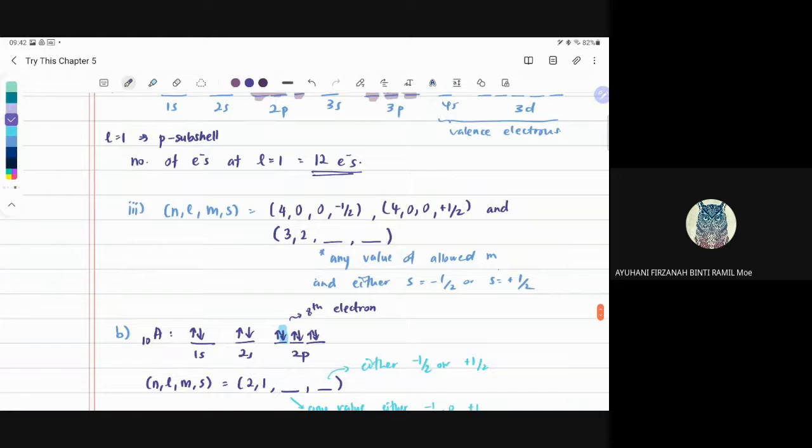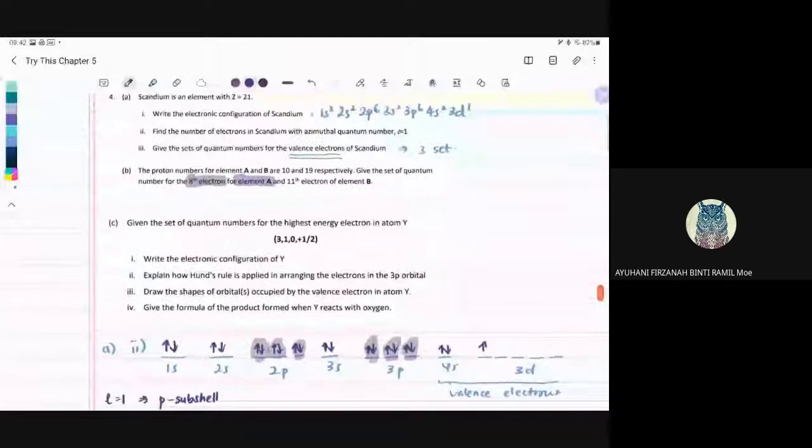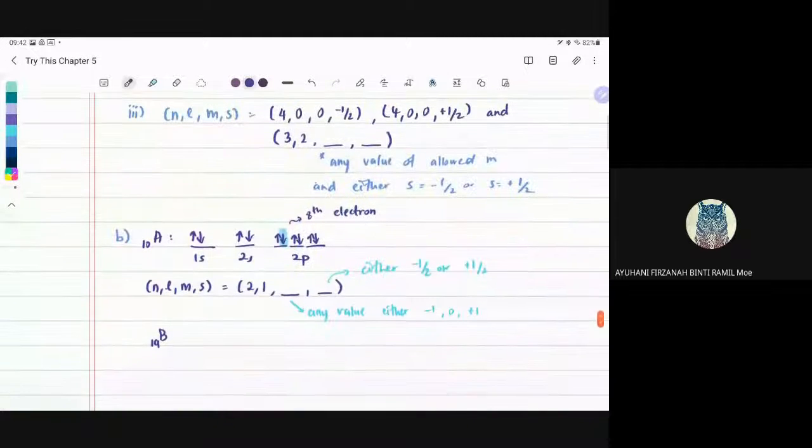Kemudian untuk B pula, B 19 elektron, 19 proton tadi. Jadi untuk B, 1s, 2s, 2p, 3s, 3p, 4s. 1, 2, 3, 4, 5, 6, 7, 8, 9, 10, 11, 12, 13, 14, 15, 16, 17, 18, 19.